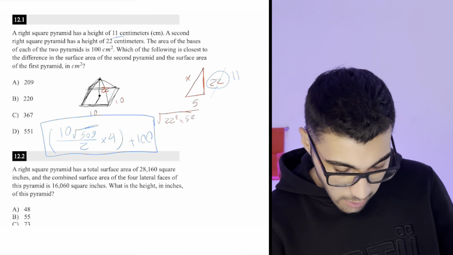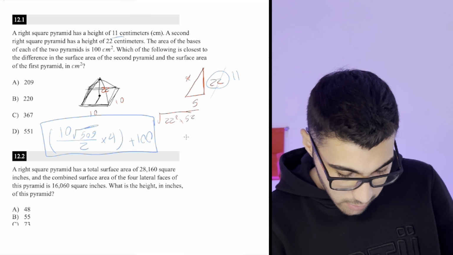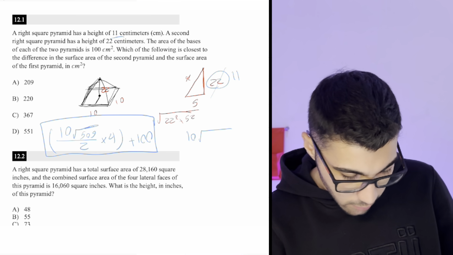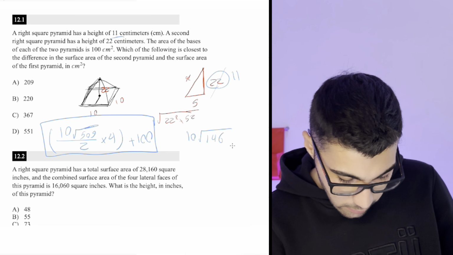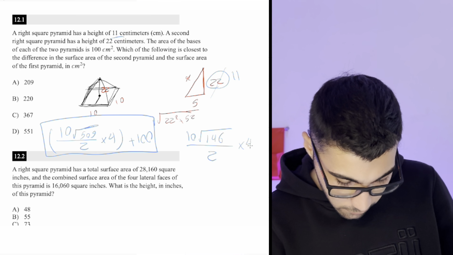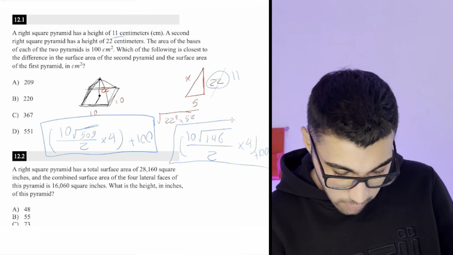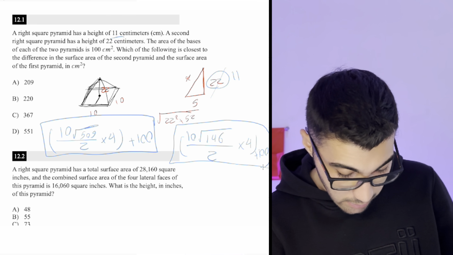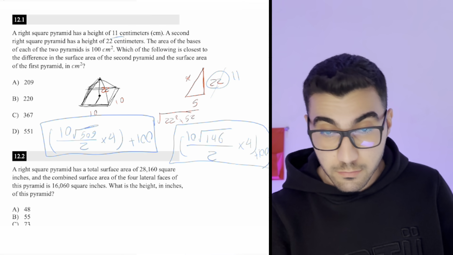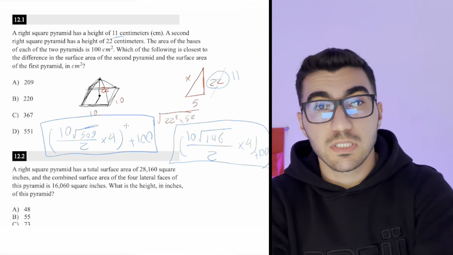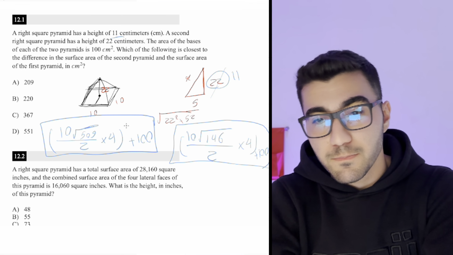So the surface area of that one is 10 square root of 146 over 2 times 4 plus 100. You can do this yourself and make sure that you also get this for the second pyramid. Now we just want to see the difference of the surface areas.